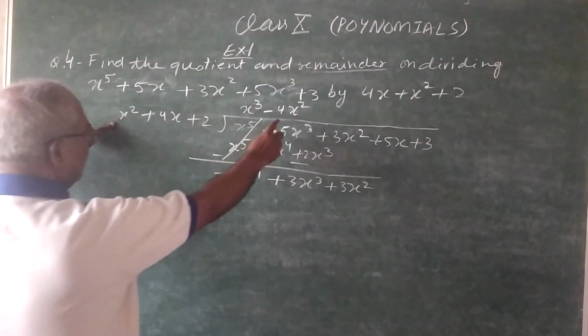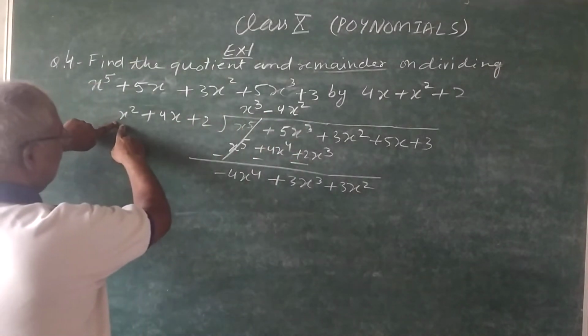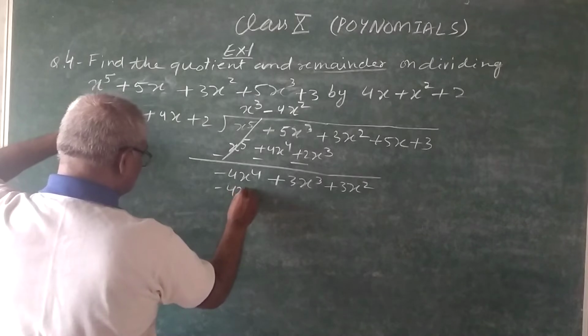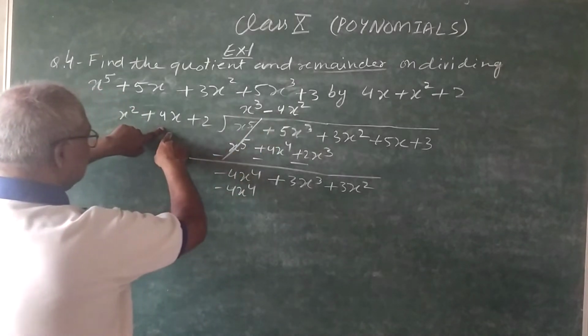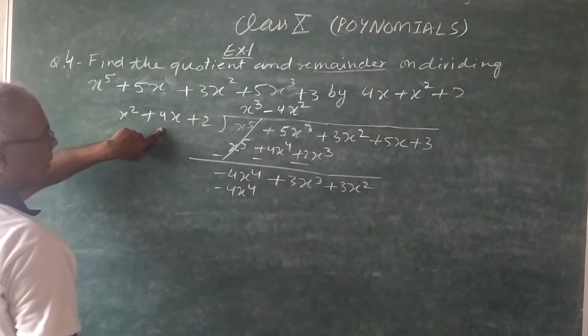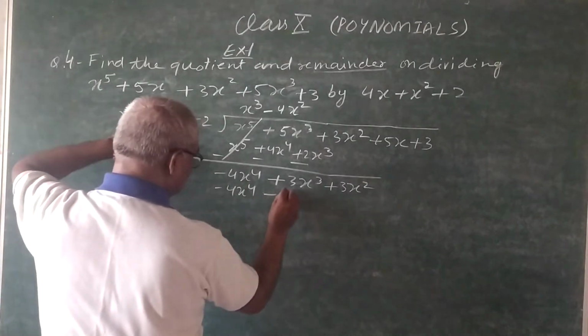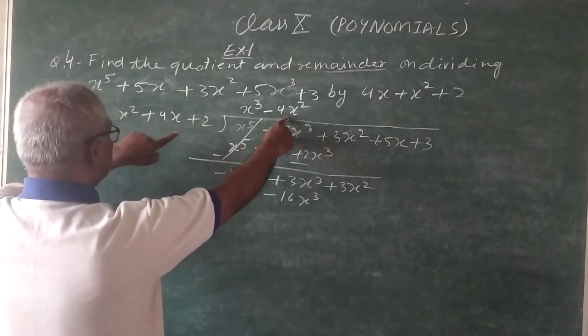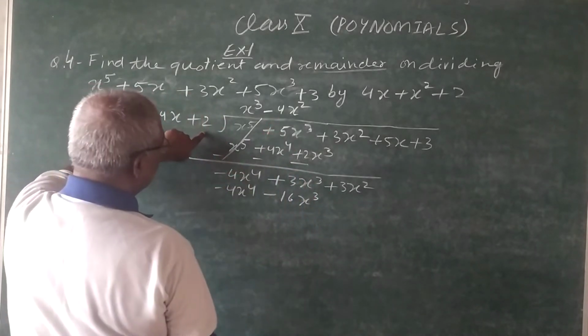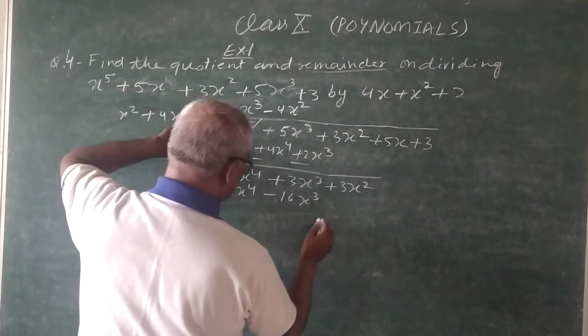How can we multiply? Minus 4x square into x square, it becomes minus 4x to the power 4. Now minus 4x square multiplied to this 4x, it becomes minus 16x cube. Now minus 4x square multiplied to this 2, so it becomes minus 8x square.